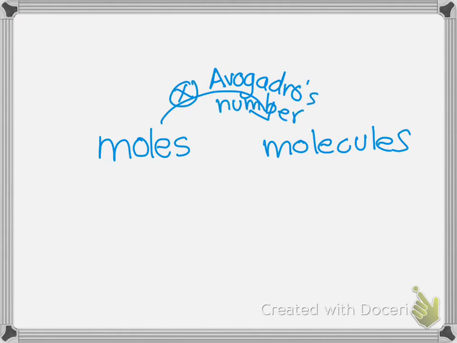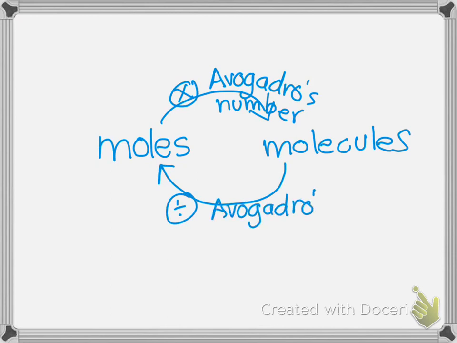I can use my units to help me figure that out. If I have molecules and I want to go back to moles, I divide by Avogadro's number. And that's going to give me a way to go between moles and molecules.